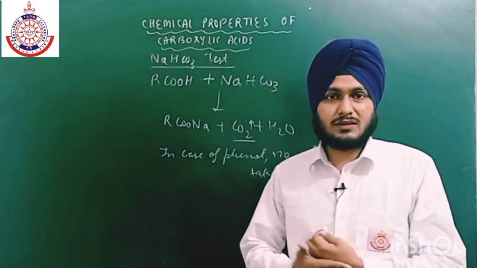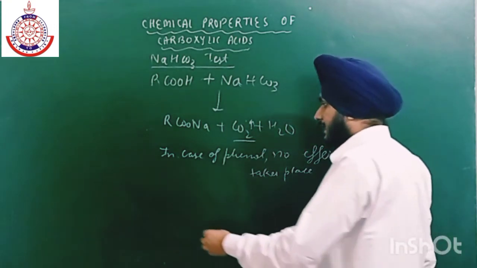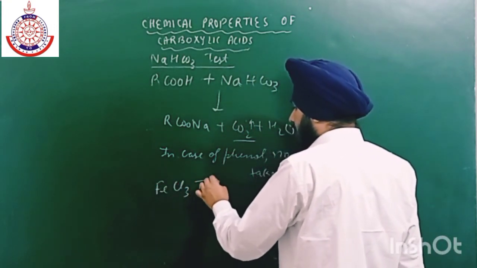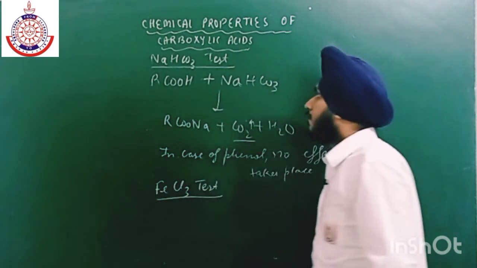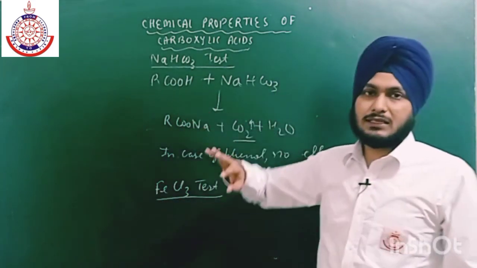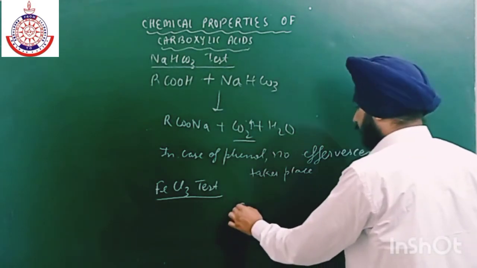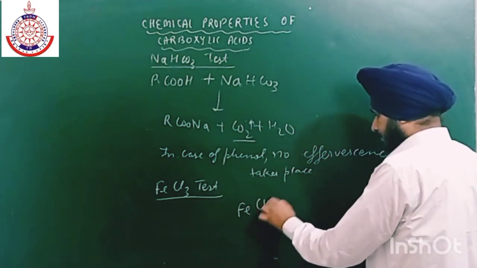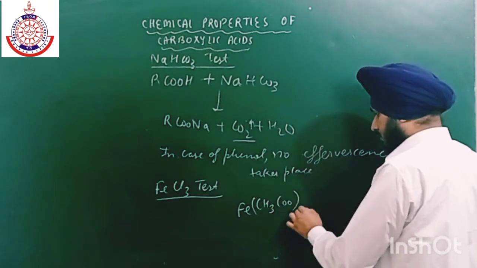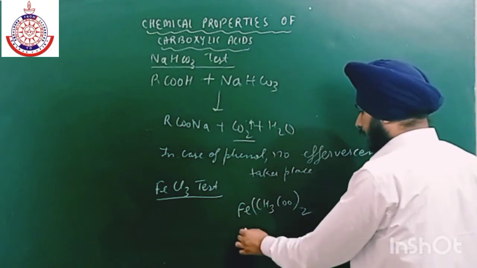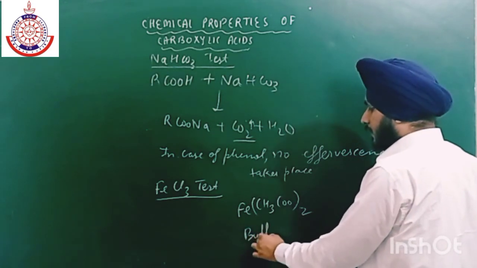Now there is also a test that is known as the FeCl3 test. This is a very important test. When carboxylic acid reacts with ferric chloride, formation of ferric acetate takes place, and this compound is of buff color. Buff means yellowish brown.